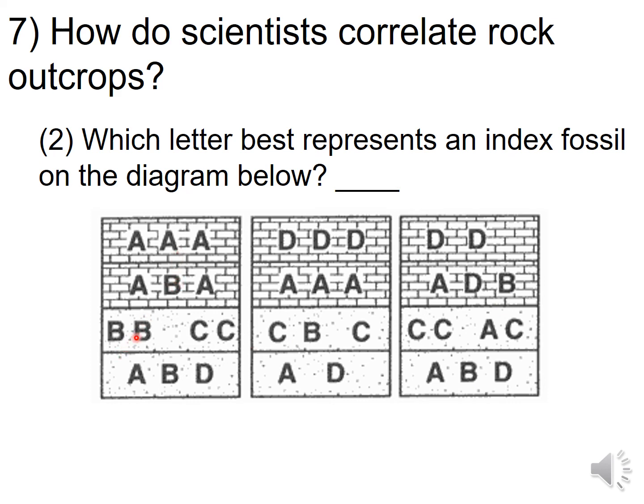But it's in 3 layers. It's not in the 4th layer or the top layer. Okay. C is in all three, but C is confined to only this rock layer. So I would say C is your best index fossil, right? Because again, it's only confined to this layer.